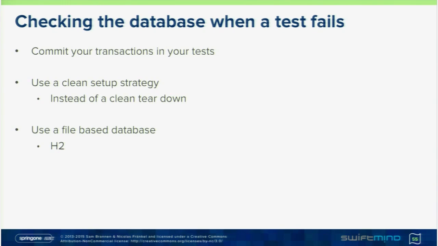Also, as I said previously, tests are meant to fail. That's your security harness. So when your tests fail, what you really want is to understand why they failed. If you don't understand why, you are in deep trouble. If the test that fails involves a database, you want to see what's in it. It's a requirement. For that, you should override Spring's default testing behavior, which says, OK, I will roll back everything.